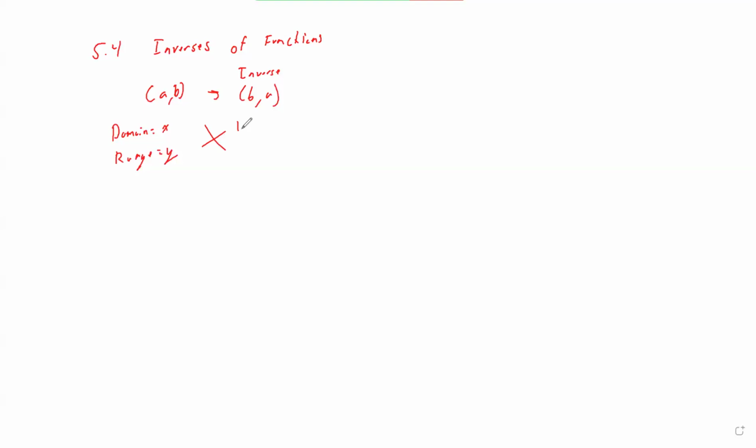So now your domain is the y of the original function, and your range is the x of the original function. So that's how inverses work there. Basically just flip the x and the y.